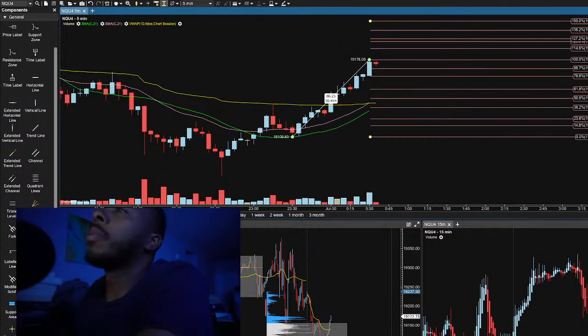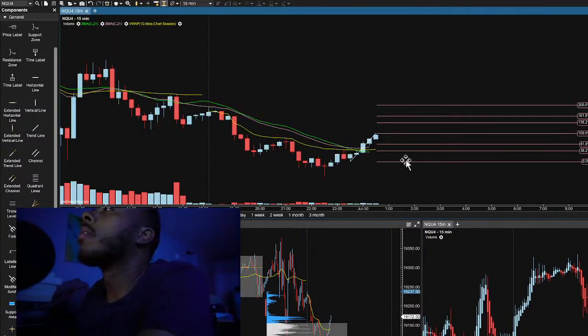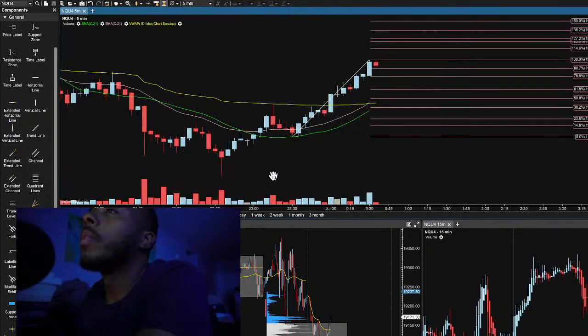Oh, let's see what 15-minute looks like. I haven't looked at that one in a while. Yeah, we just broke above VWAP.